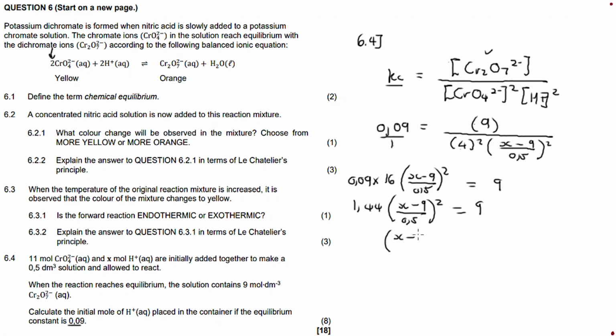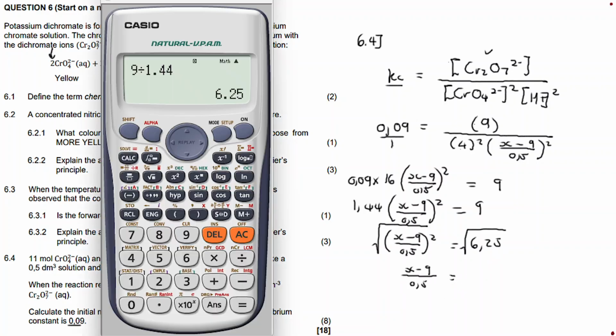Then we have x minus 9 over 0.5, so algebra in action. 6.25, take the square root of this. Then we have x minus 9 over 0.5 equal to 2.5. So the answer should be positive. Remember, a square root produces a plus or a minus, but we should have a positive.